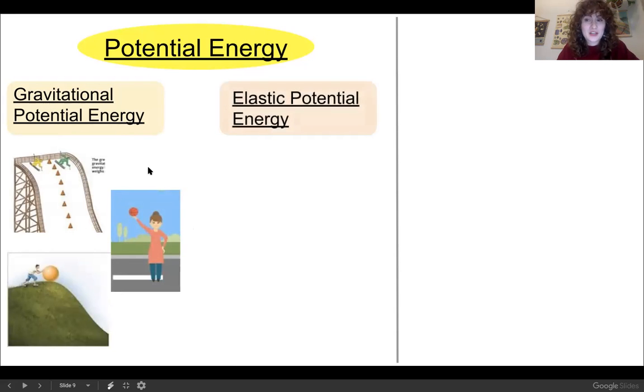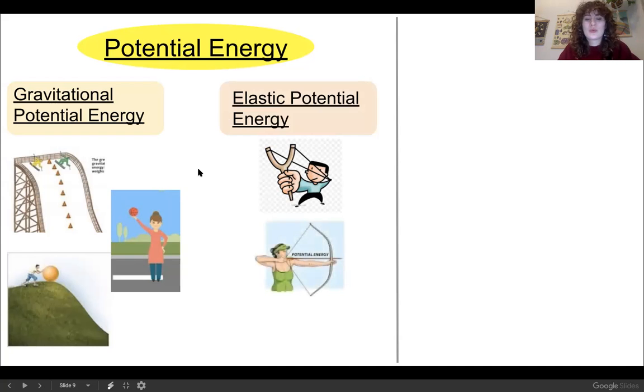There's another type of potential energy known as elastic potential energy. This is when energy is stored in an object because it's stretched or bent. Two ways to think about this is with rubber bands, meaning elastic, right? Or springs. So rubber bands or elastic can be shown using a slingshot. So the further back you stretch that elastic, the faster and farther that object is going to fly.